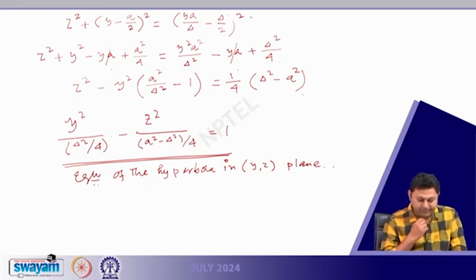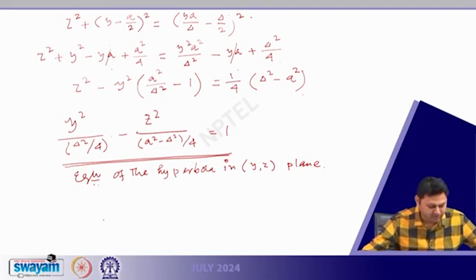So, for a fixed path difference delta, if I now want to see how this plot will be, I will need to go to the next page. So, let me write down the expression once again.